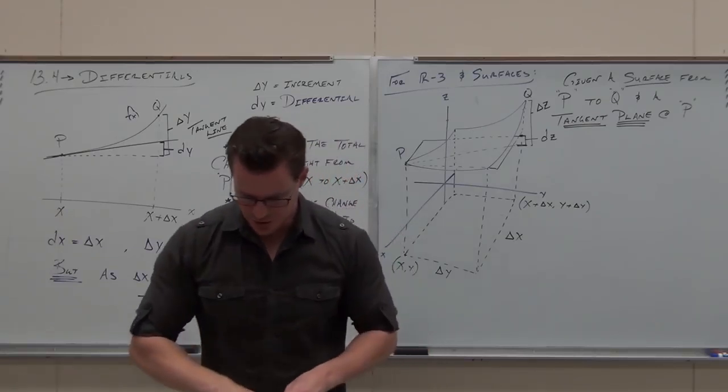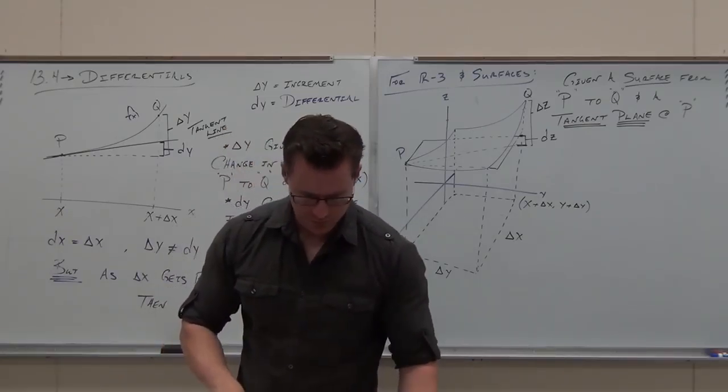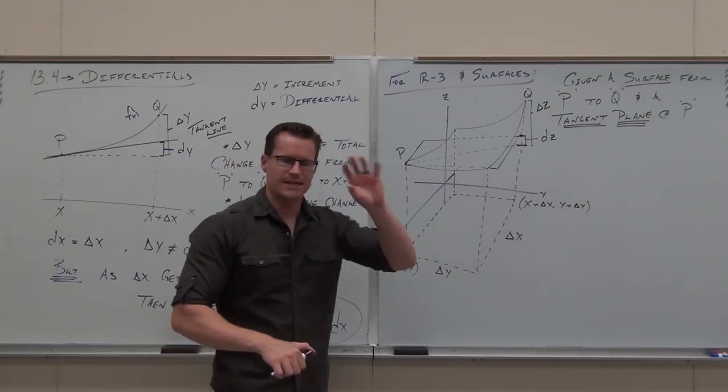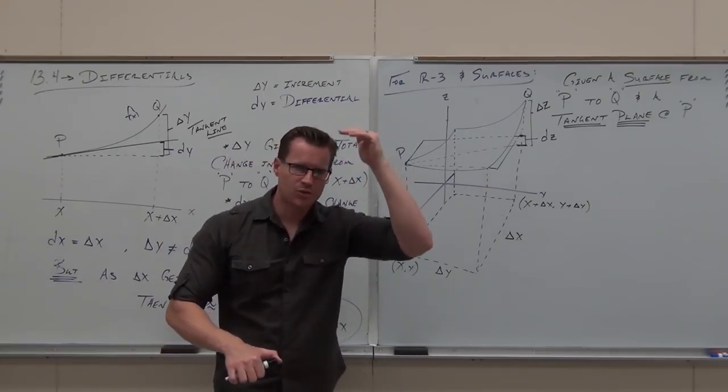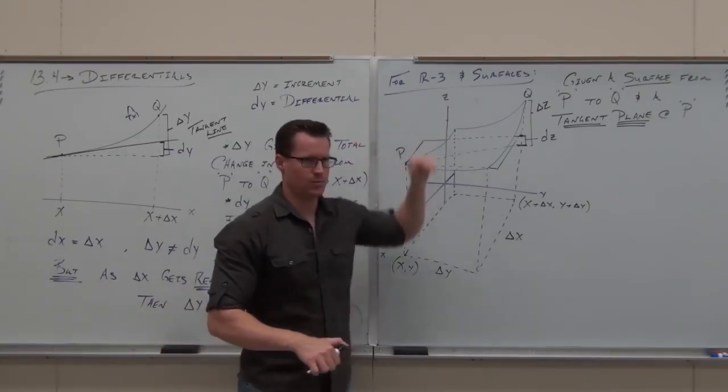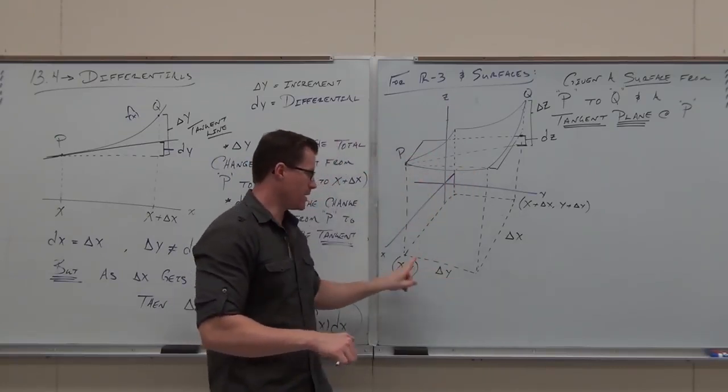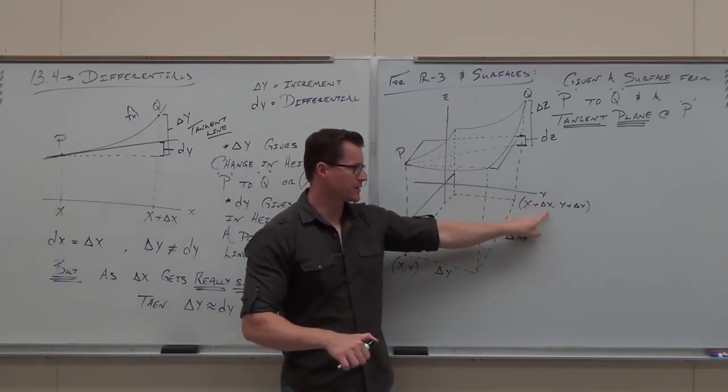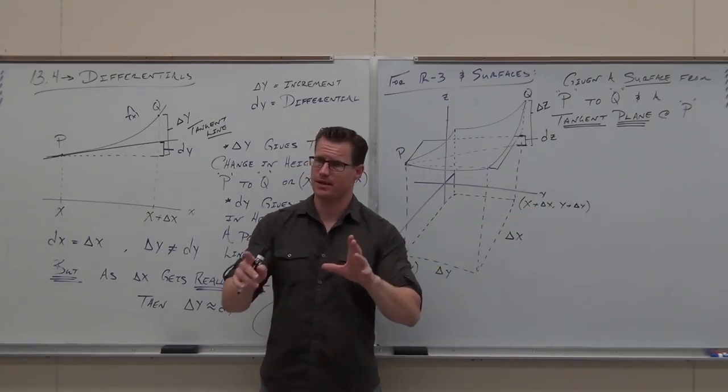I'm going to write that out for you so that you know. Delta Z is the actual change in height from P to Q. It's the actual change in height from (x, y) to (x plus delta x, y plus delta y). That's what that means. Write that down, okay?